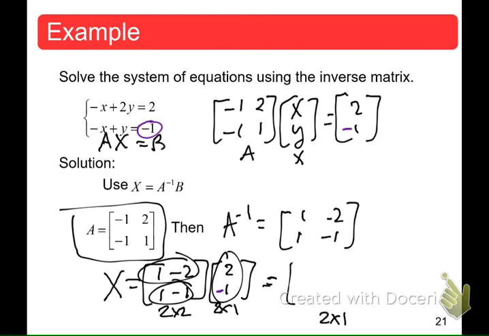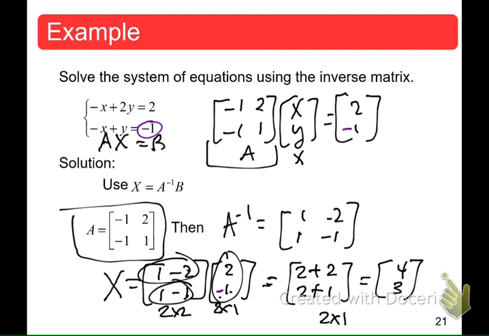Now I have 2 plus a positive 2, and then I'll have 2 plus this times this, in this case, positive 1. So the solution to this system would be 4, 3. And so this is now a 6th way we can solve a system of linear equations, but now that has a square coefficient matrix.